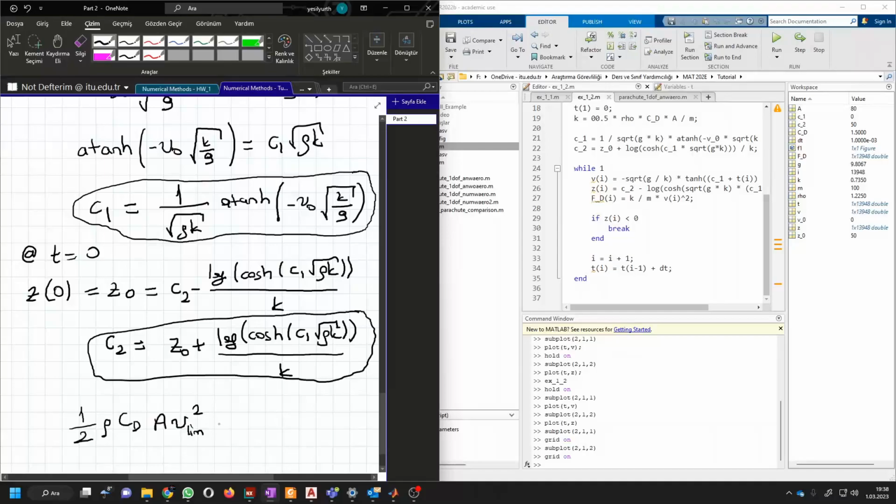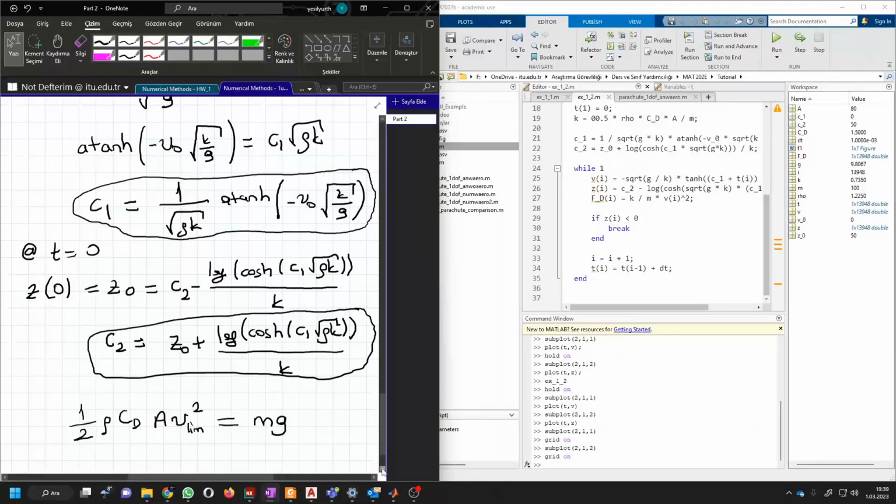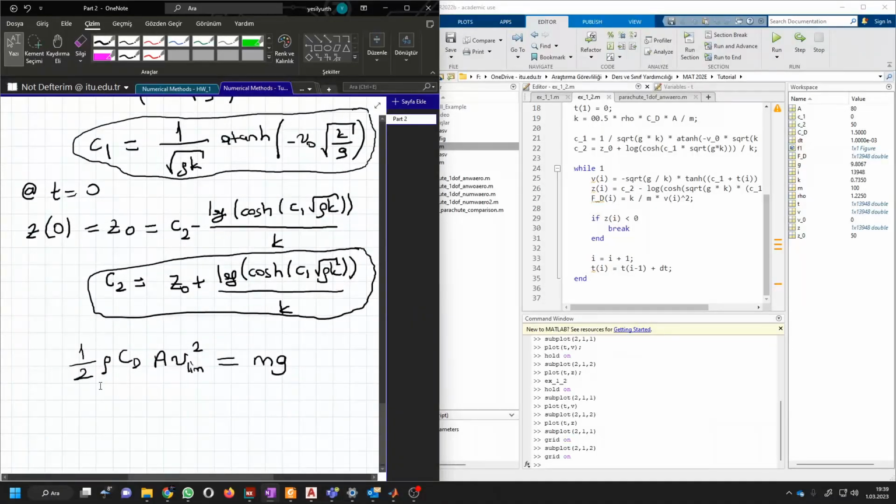The condition said that the aerodynamic force will be equal to gravitational force at this limiting speed, so I will equate this one to gravitational force.